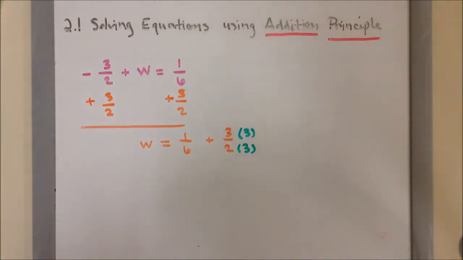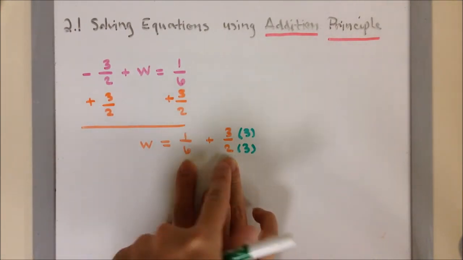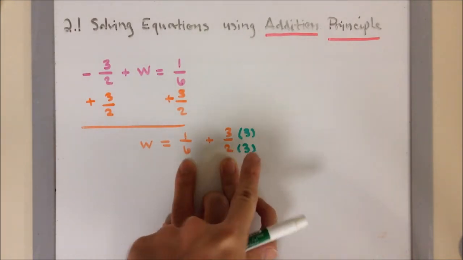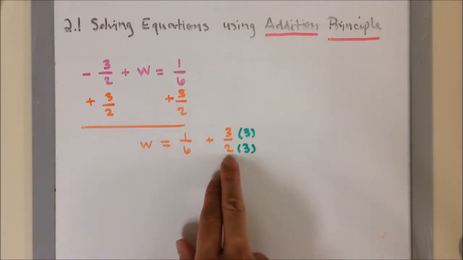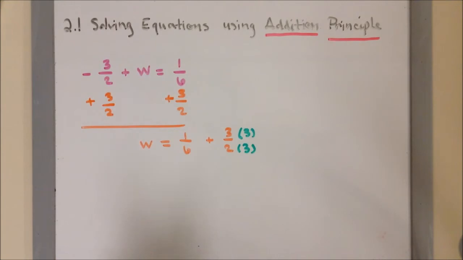So again, to make your work easier, you look at it, and 6 and 2 can become 12, but 2 can also become 6 by multiplying by 3. So I don't have to do anything to this fraction. I'm just going to multiply the second fraction by 3 and get the same denominator.